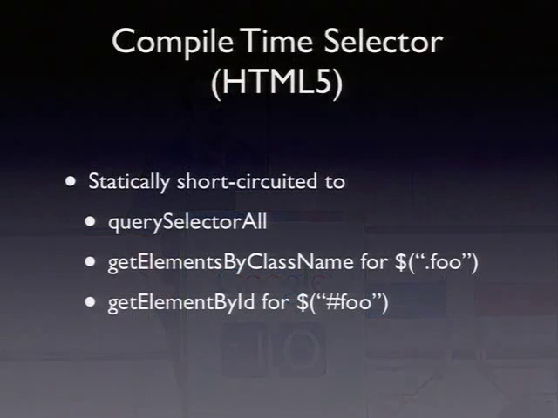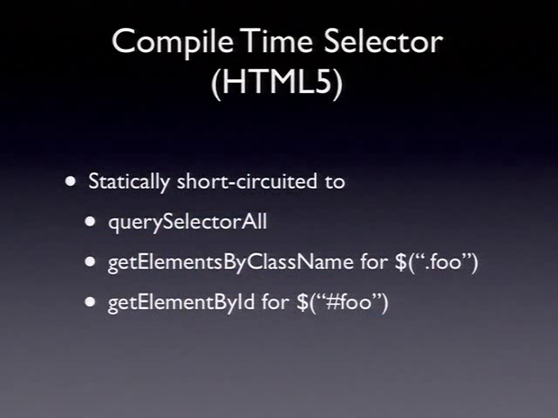Compile time selectors do another cool thing, which is they can short circuit stuff, even with the native querySelectorAll. I've benchmarked this, and it turns out, for example, that getElementById is still faster than calling querySelectorAll, probably because they don't have to parse anything. So, for example, if you use a selector like # and then the ID of an element, the compile time selector will not emit querySelectorAll with the #foo, for example.